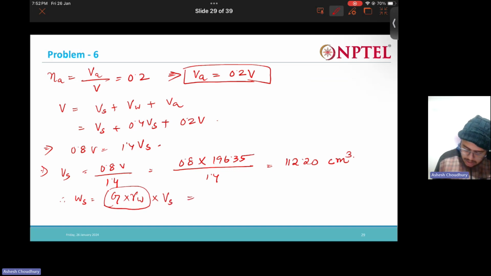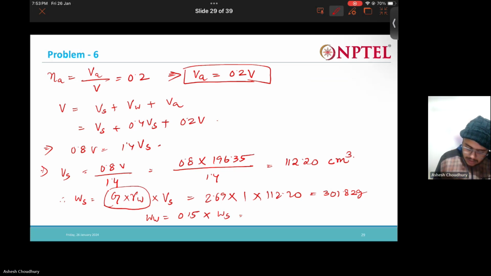So what is G? I put 1 gram per cc for gamma W, and with Vs we get 301.829. Okay, this is the weight of solids. The weight of water, if I want to find out, is nothing but 0.15 into WS, because 0.15 is the water content.